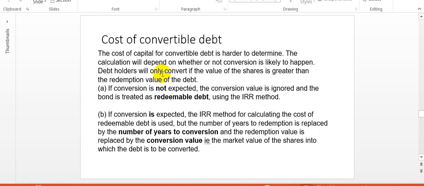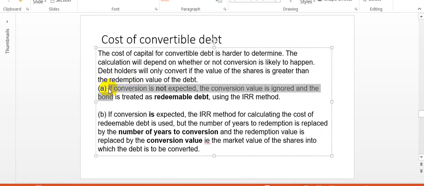So if conversion is not expected, the conversion value is ignored and the bond is treated as redeemable debt. We compute the cost of convertible debt using the IRR method.